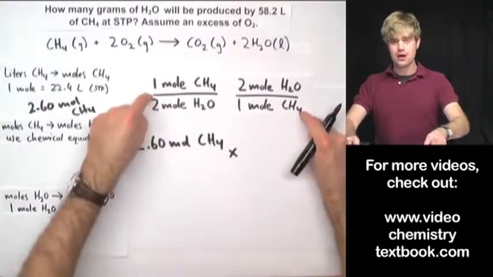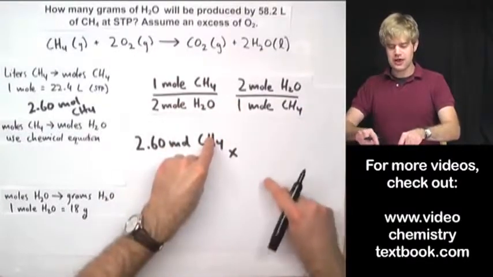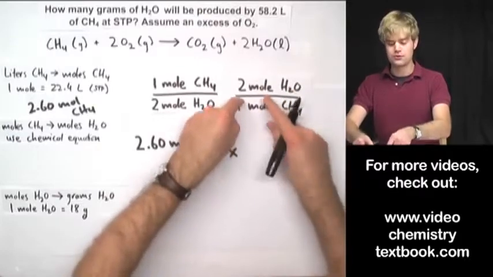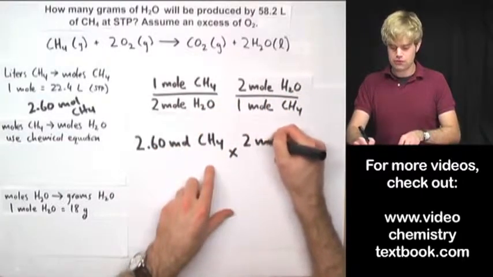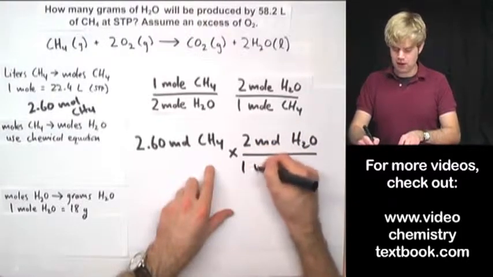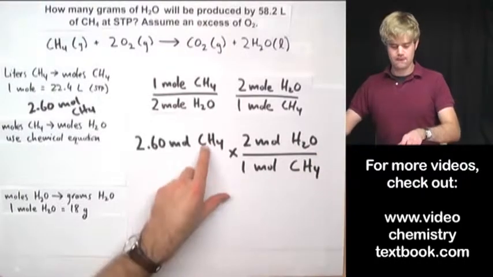I want to use the one with CH4 on the bottom so that it will cancel out those units and leave me with units of moles of water. So I'm going to do this times 2 moles of H2O divided by 1 mole of CH4.